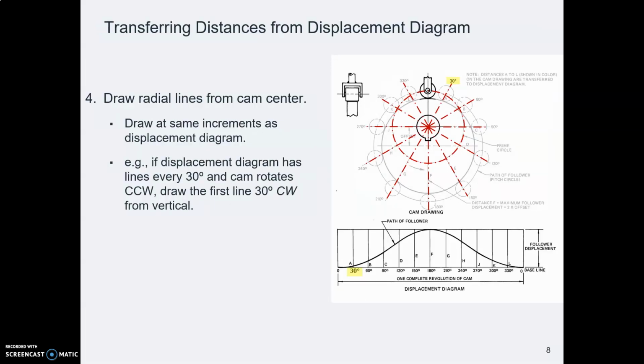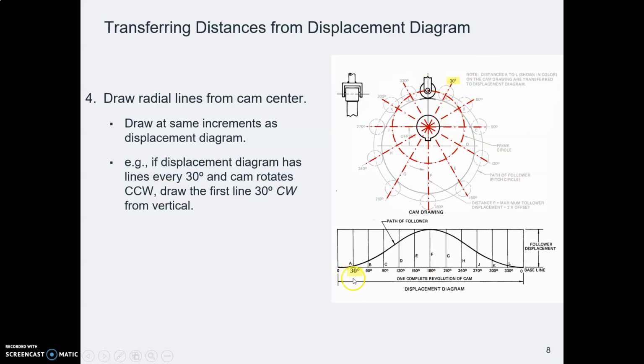Okay, now let's get to the displacement diagram. We have our prime circle here that goes through the center of that follower. And as that follower moves up and down, which you graphed on your displacement diagram, it moves farther out away from that prime circle.